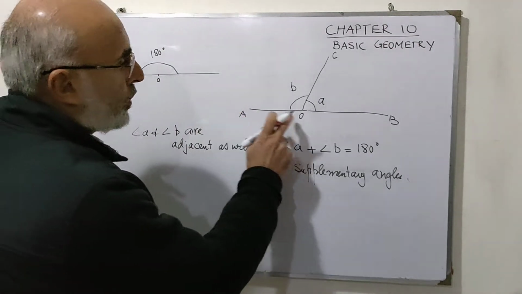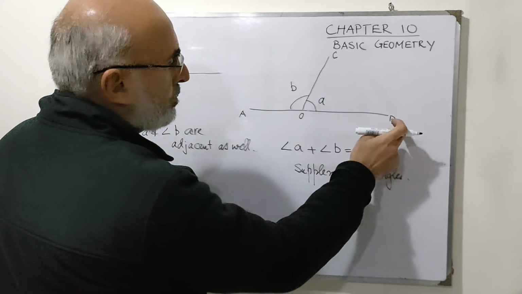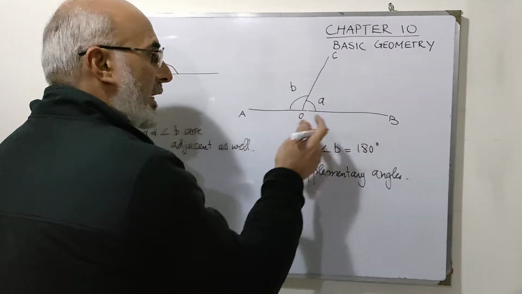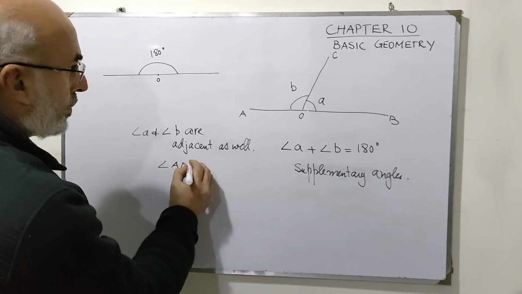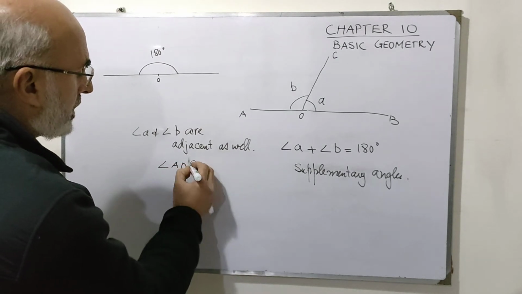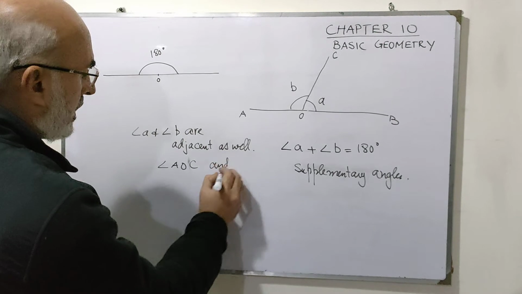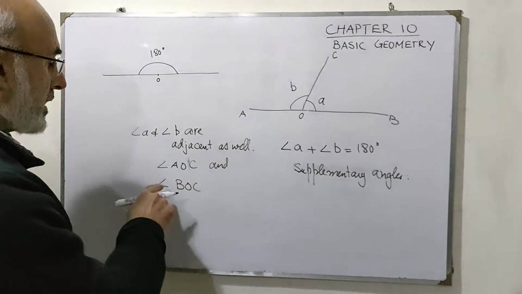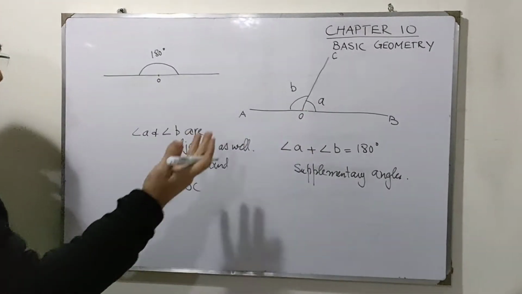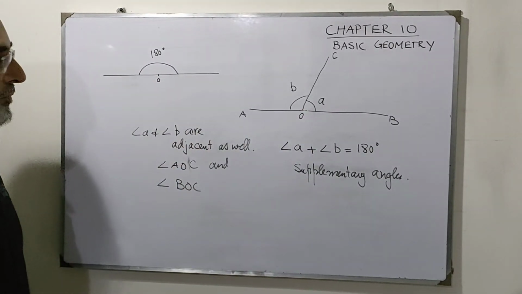Like AOC and BOC. These two angles, angle AOC and angle BOC, both are sharing the same vertex, so they are adjacent as well, right?